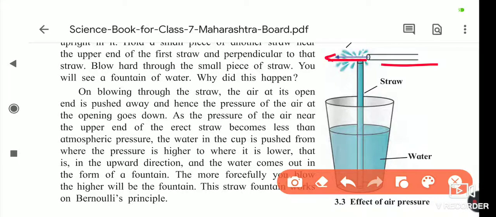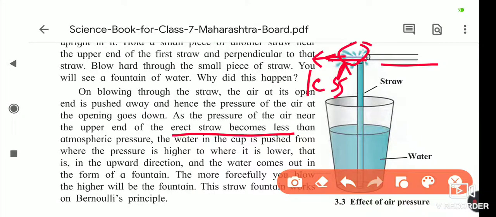Here air moves away, and the pressure of the air near the upper end of the erect straw becomes less. Now the air pressure here becomes less than the atmospheric pressure.